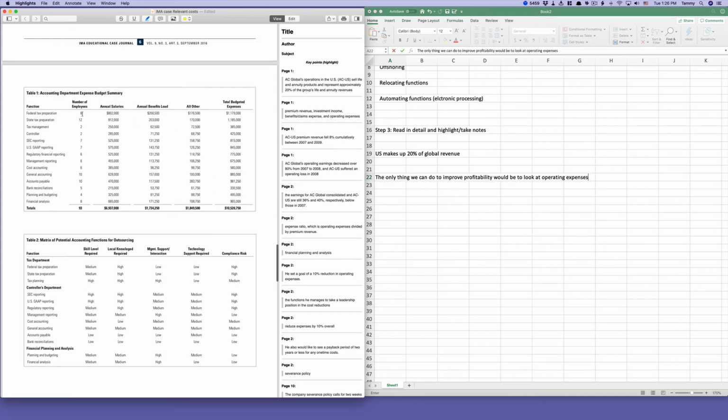So we've got 8 people in the tax preparation role. We've got the controller, there's 2 of them in the controller's office. In the accounts payable department, there's 10 of them, etc. So you can see how this is, but it's a total of $6.9 million for salary, and then if we load that up with their benefits, etc., it gives a total of $10 million just in the accounting department for these 93 people.